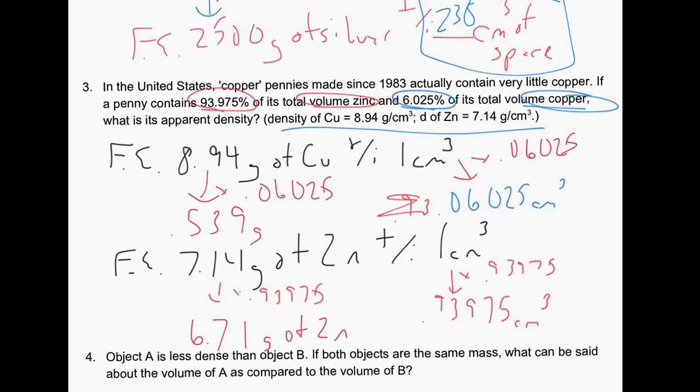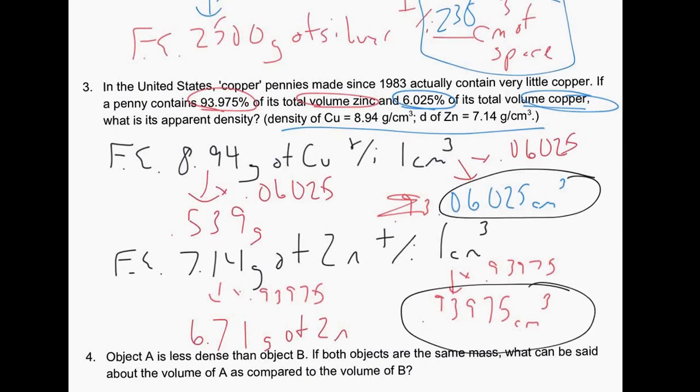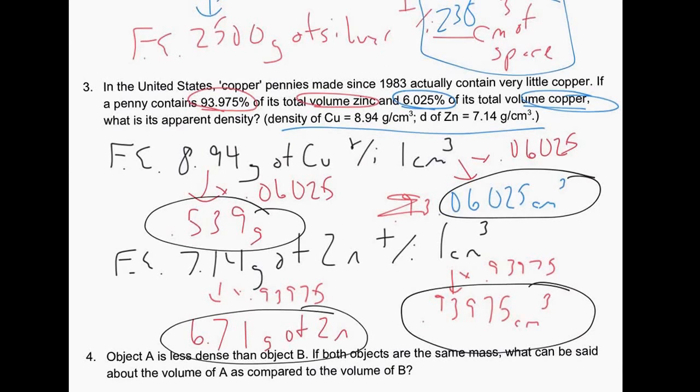And if you think about it this way, when we add these two values up, they are 1 centimeter cubed. So if I wanted to know how much those two as 1 centimeter cubed weighed, I just add these two up. So that's 6.71 plus 0.539 is equal to 7.25, which is the correct answer.